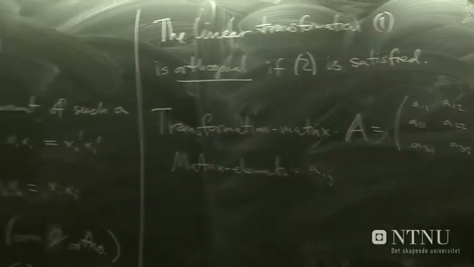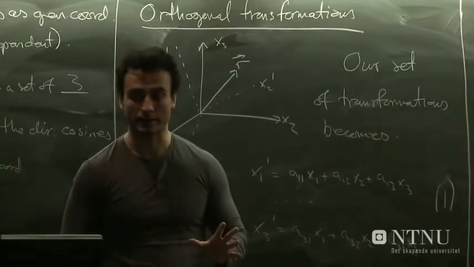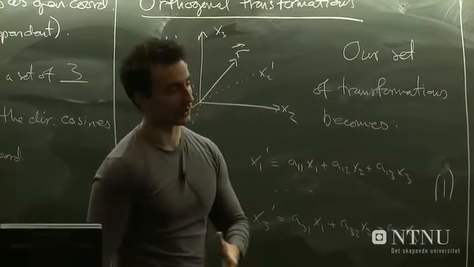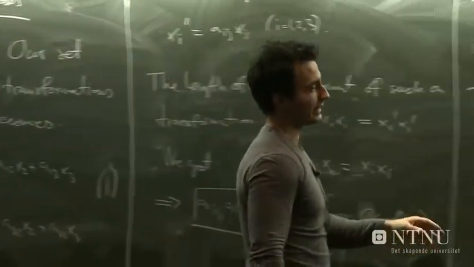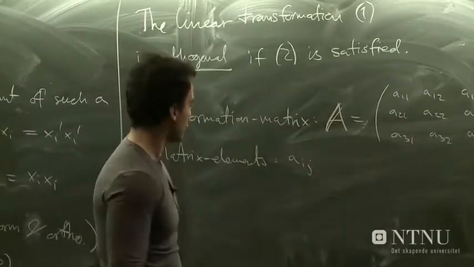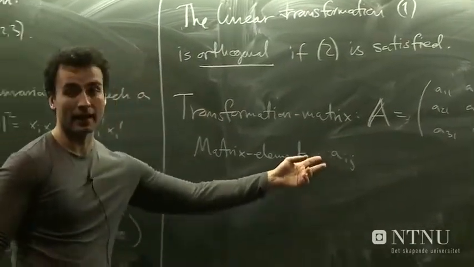So all of these coefficients that define our transformation when going from the unprimed to the primed coordinate system can be expressed neatly through this transformation matrix, which has matrix elements Aij.